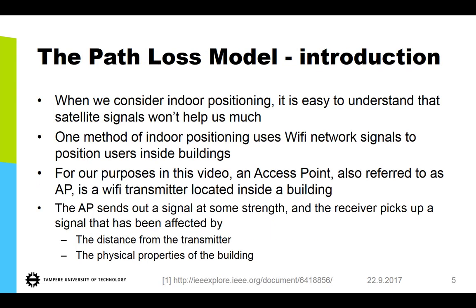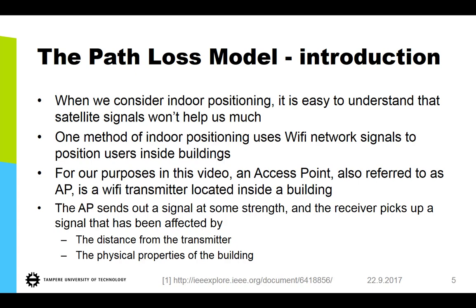In order to better understand the path loss model, it's useful to get familiar with the basics of indoor positioning. When we consider indoor positioning, it's easy to understand that satellite signals won't help us much, since satellite signals won't reach you indoors. One method of indoor positioning uses Wi-Fi network signals to position users inside buildings.